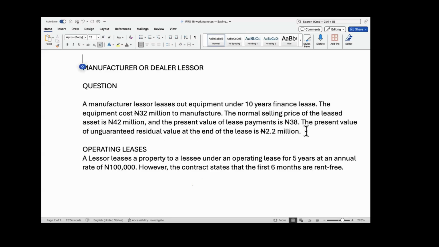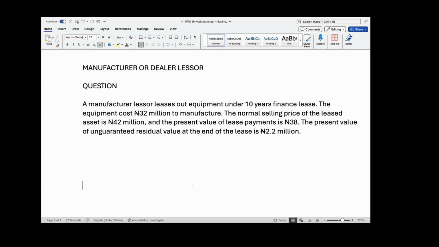Please read this question first. A manufacturer lessor leases out equipment under 10 years finance lease. The equipment costs 32 million naira to manufacture. The normal selling price of the leased asset is 42 million naira, and the present value of the lease payment is 38 million naira.